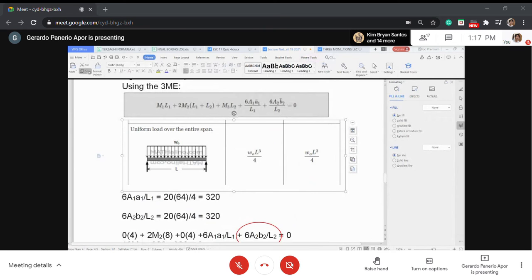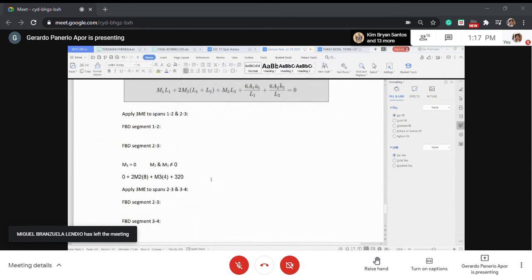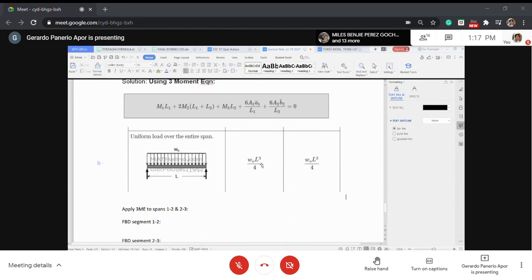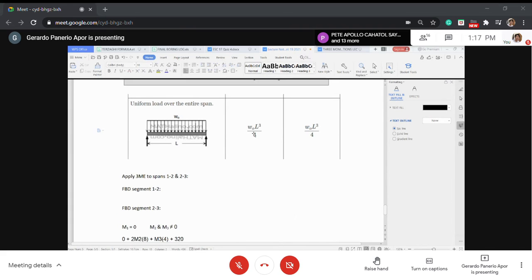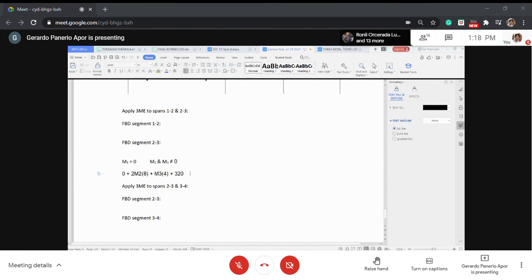If we are going to consider the same loading, we still use that one. So the other one is for this span, and this one is for that span. If W is 20 and L is 4, this will become positive 320.